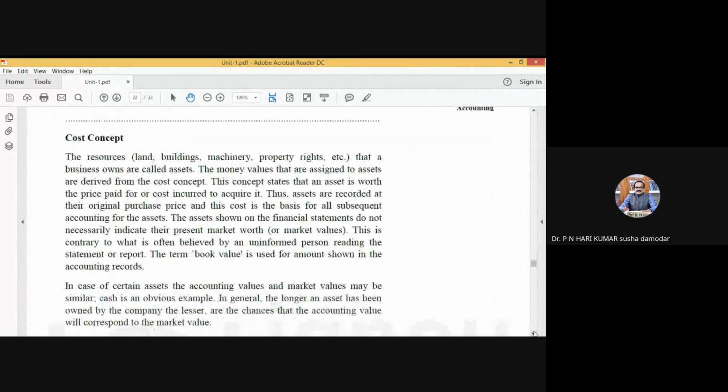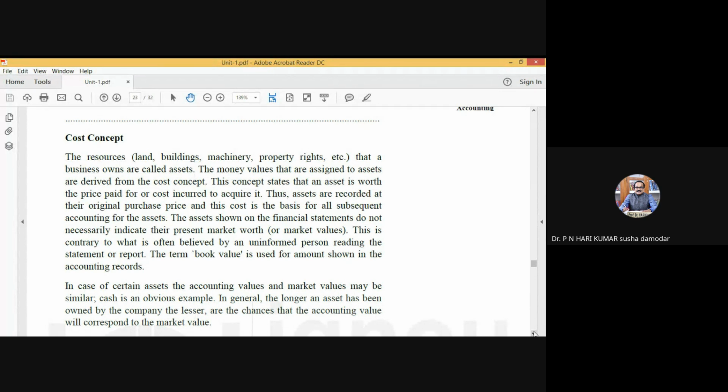Cost concept. As per the provisions of the cost accounting principles, we have to identify the cost of acquisition of land, cost of building, cost of machine, cost of property right, and cost of the production of a particular component or product.